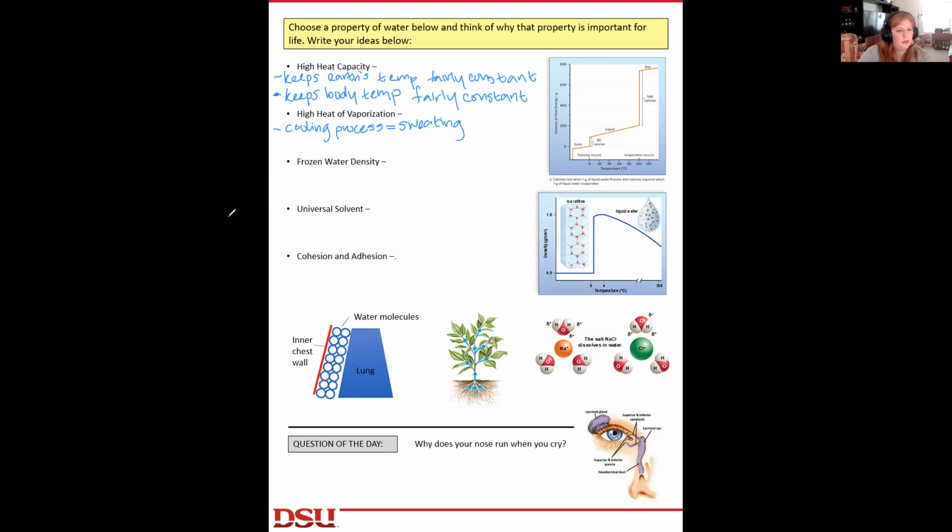This is also kind of another environmental control effect. The high heat of vaporization is also something that helps to keep ecosystems at a stable temperature.